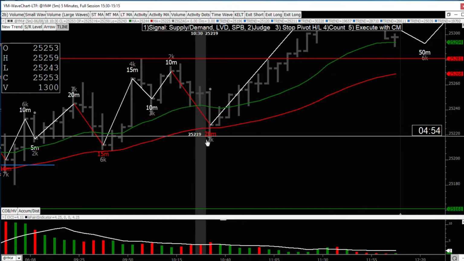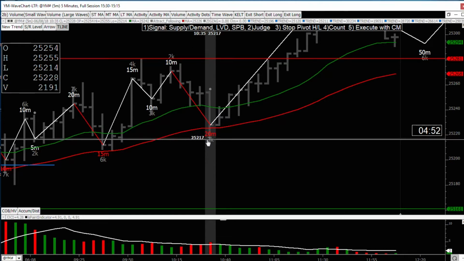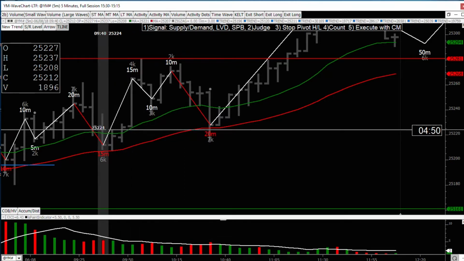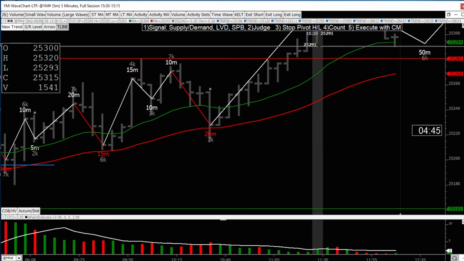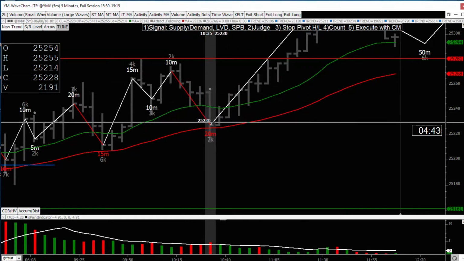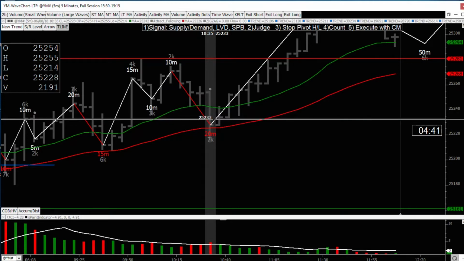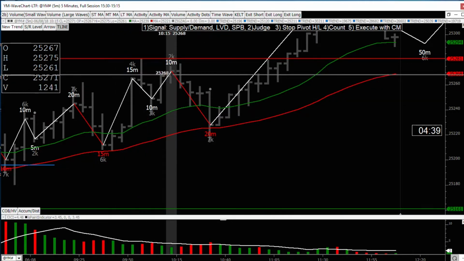So there was strength here in supply, but they stopped it right at support, and it was bought. This strong selling was bought. Okay, so this happens a lot. Many times you see high volume pullbacks, and you just have to know, is it bearish or bullish?